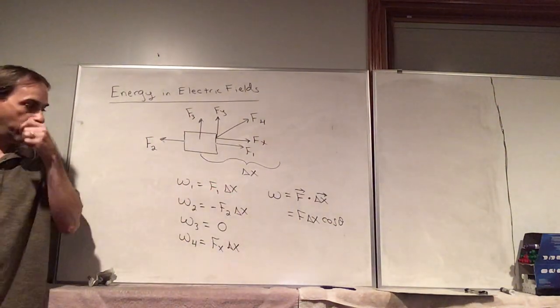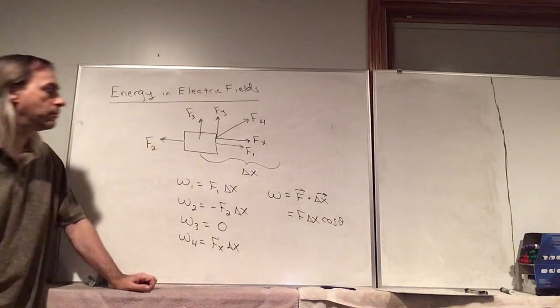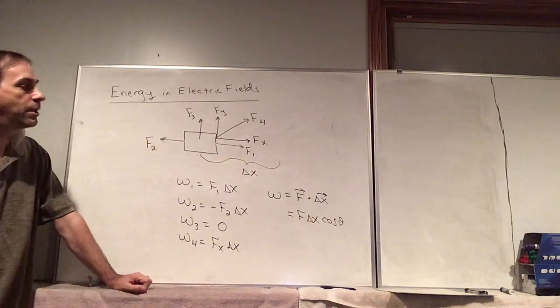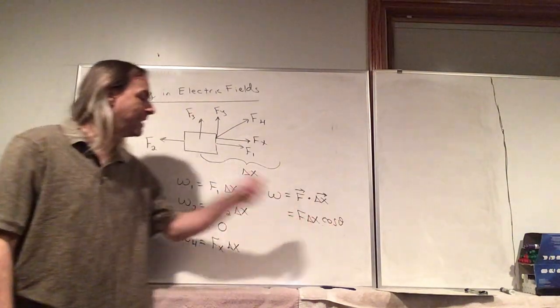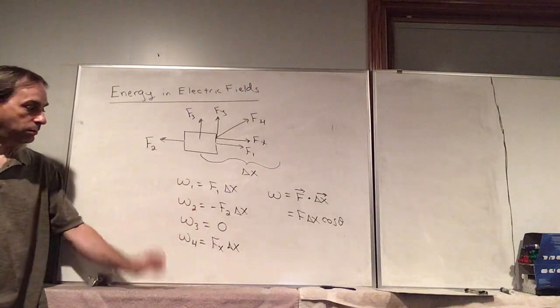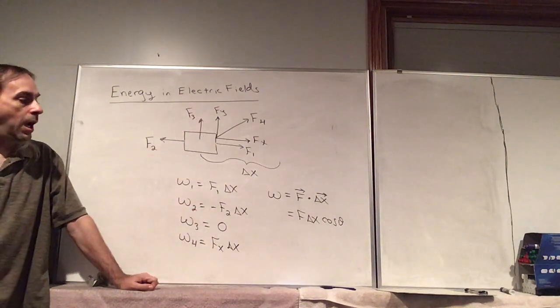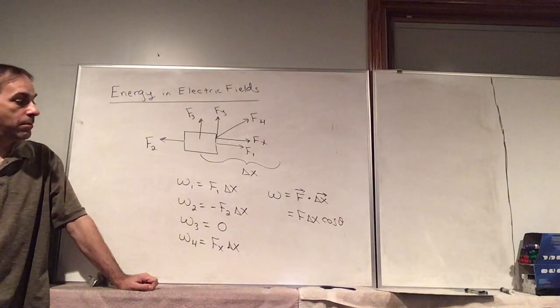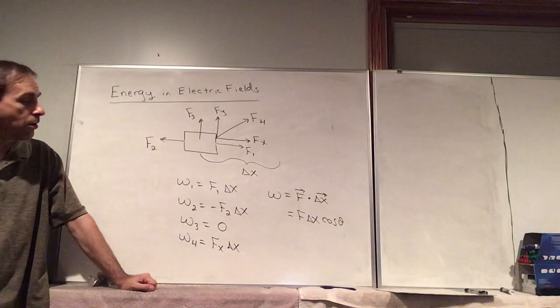In case of F2, they're pointing in opposite directions. The angle is 180 degrees. Cosine of 180 is negative 1, so we get that minus sign. For F3, the angle is 90 degrees, so the cosine of 90 is 0.